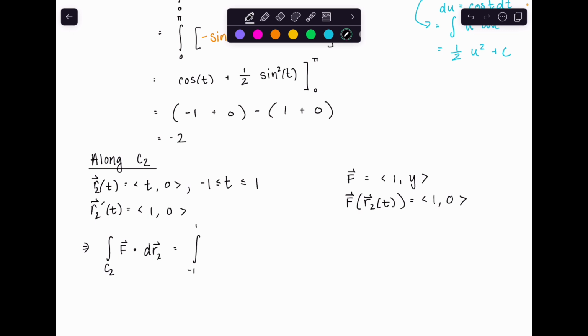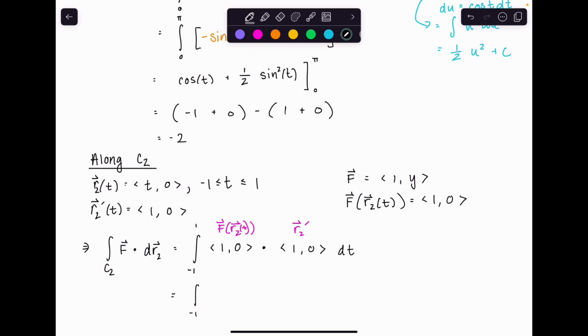So my t bounds are -1 to 1 in this case. And then I go ahead and take f evaluated along R2, dot product it with R2 prime, and then integrate with respect to t. So just to show you what each of these are, this is f along R2 of t, and then this is R2 prime.